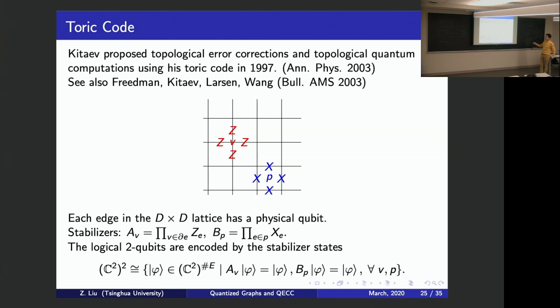And the stabilizers are given by the vertex operator or plaquette operator. It's given by the product of Pauli Z around the vertex, or the product of Pauli X around the plaquette, or you can switch X and Z. And then we take all those loop operators and stabilizers, and we know the stabilizer states are 4-dimensional. That encodes 2 logical qubits.